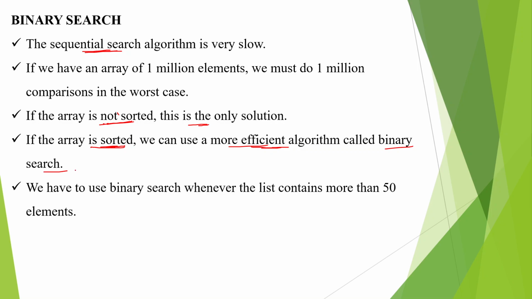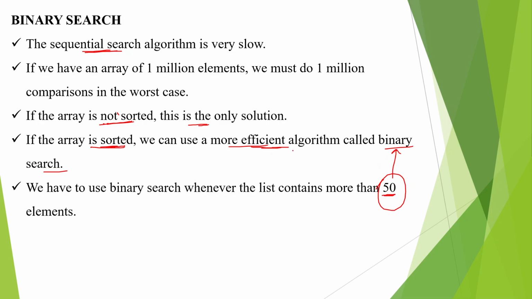Based on those three parameters, we already said that whenever we have more than 50 items in our list, we have to go for a binary search algorithm, the binary searching technique.